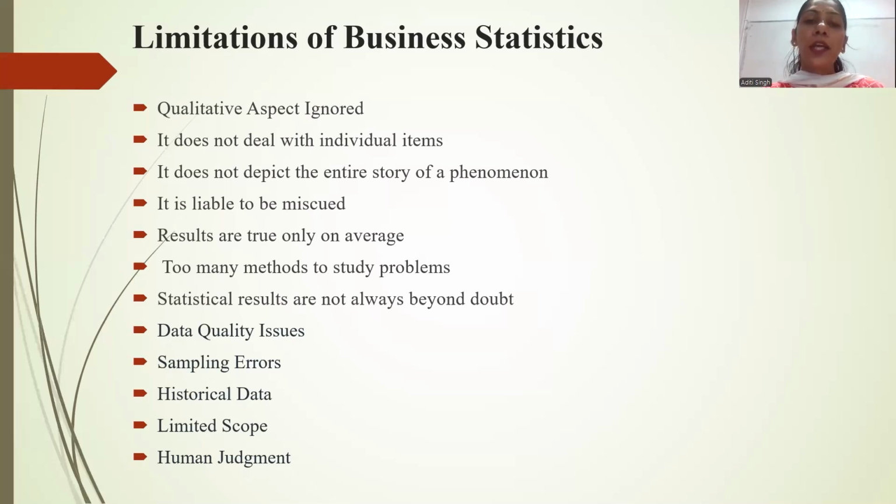So they are not absolutely true. If the average of two sections of students in statistics is the same, it does not mean that all the 50 students or all the 100 students in section A got the same marks as a student of section B got.